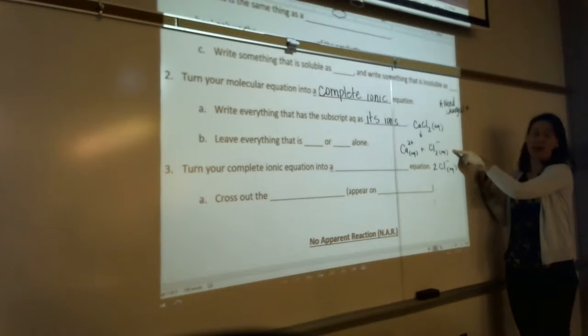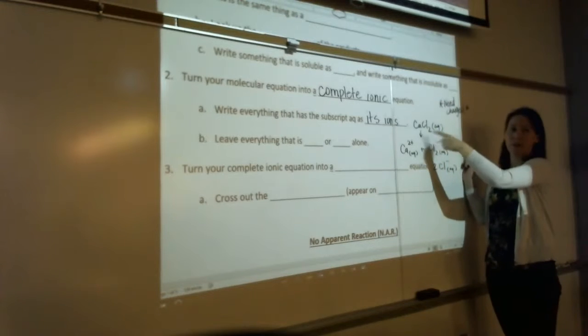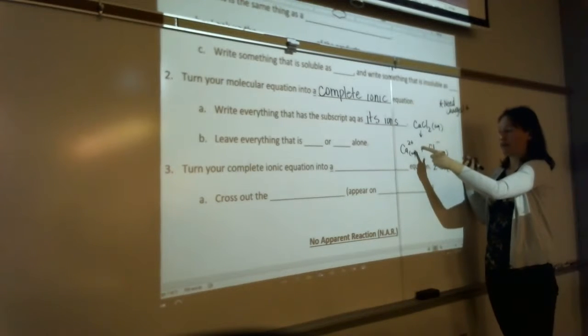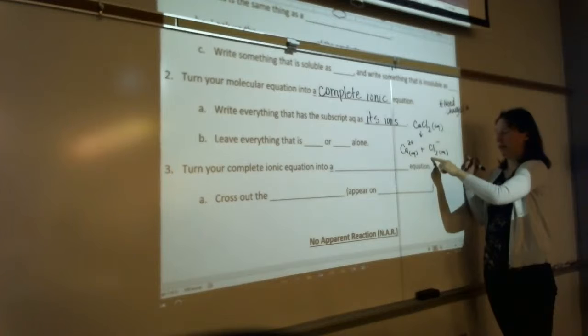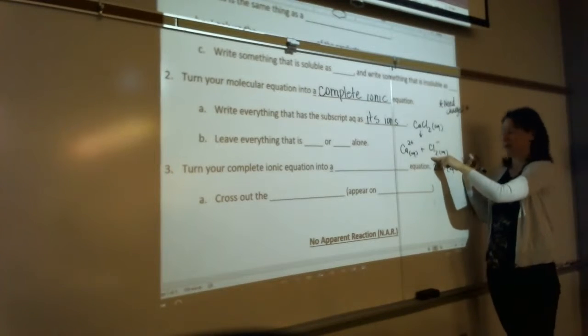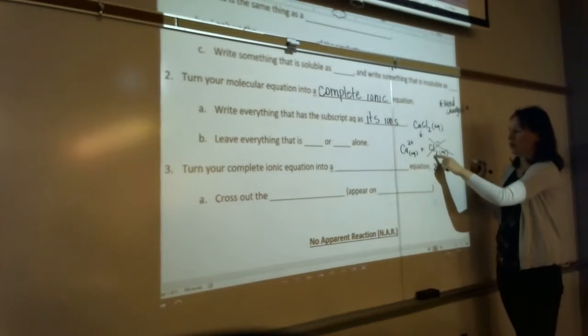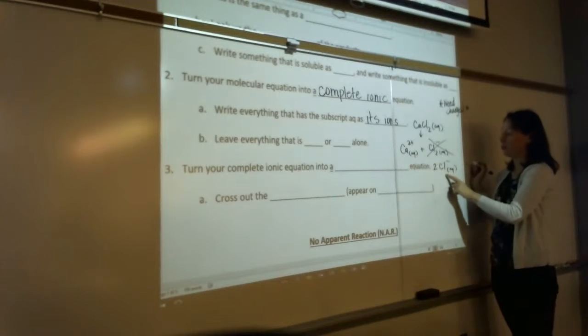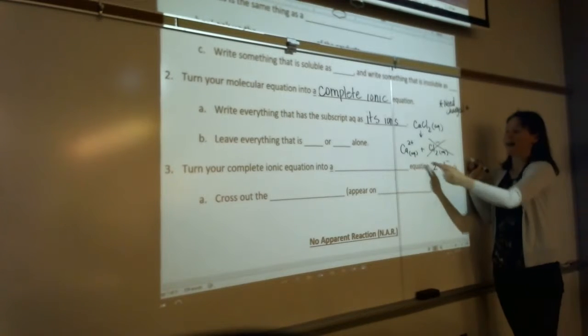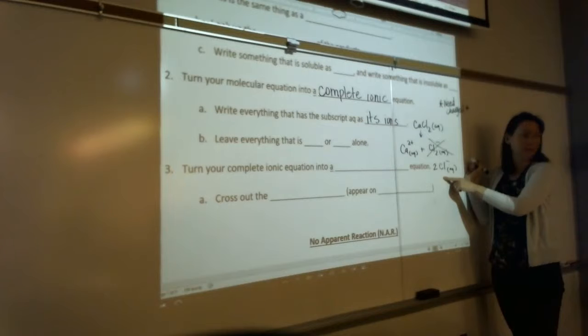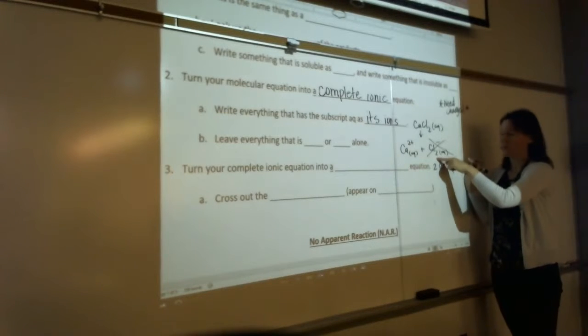Why is it not the top one? Just ask yourself, what is this compound made out of? Is it made out of calcium and this, which by the way doesn't exist? That's non-existent. Or is it made out of calcium and 2 chlorides? It's made out of calcium and 2 chlorides. There's Cl2, the green toxic gas. You want to avoid that, right?